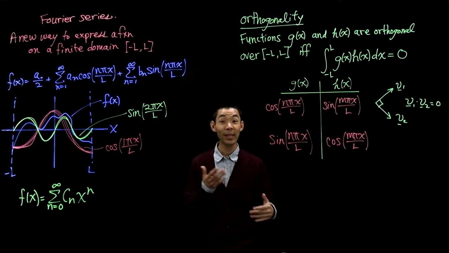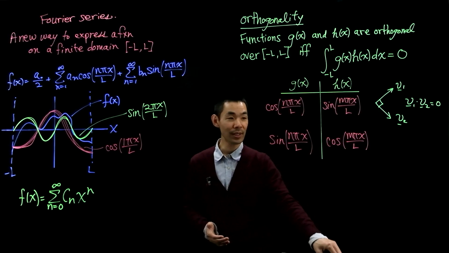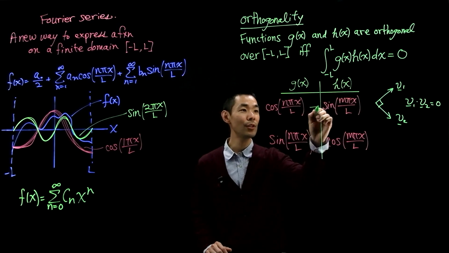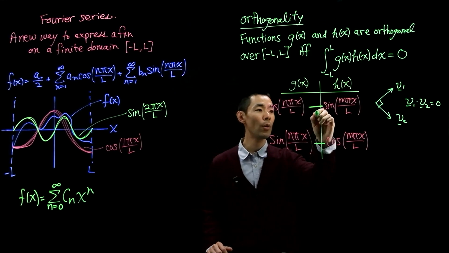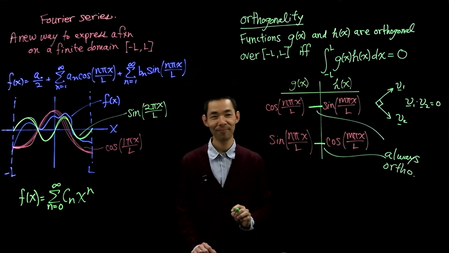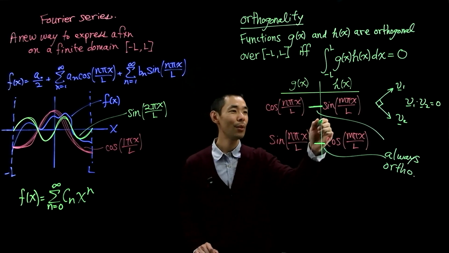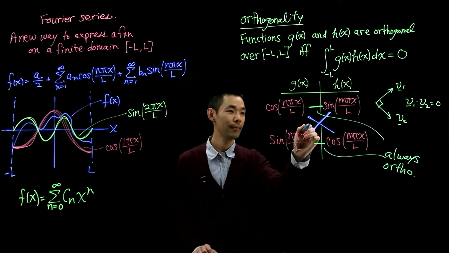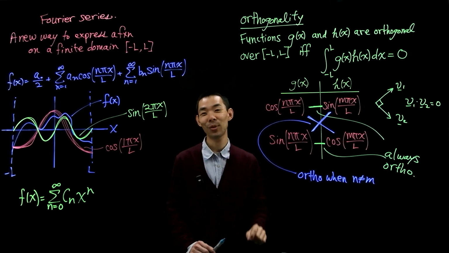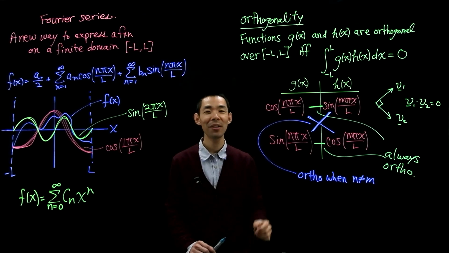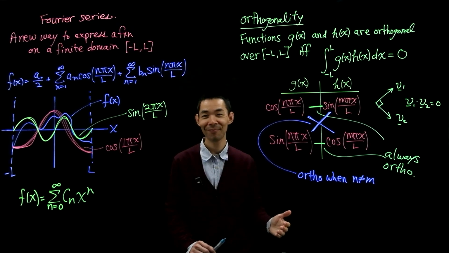So we're picking up a trend here. It turns out that these two pairs are always orthogonal. But when you have these pairs, it's orthogonal when n and m are not equal to each other. And when they are, you get the value of L.